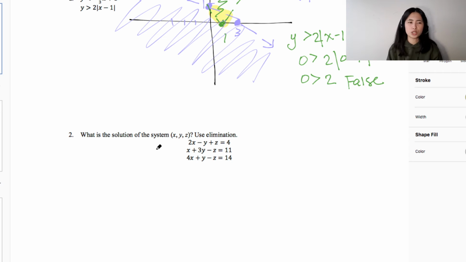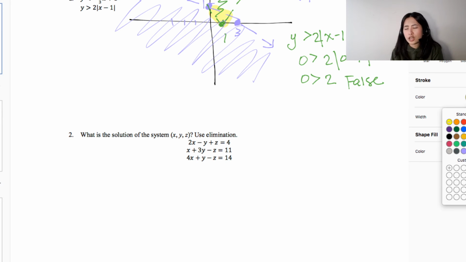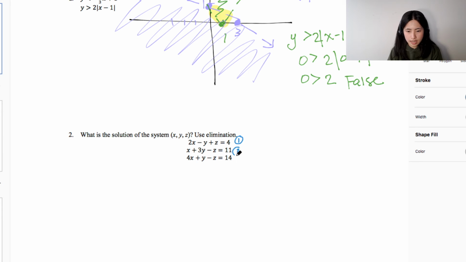What you can do in this case is label your equations 1, 2, and 3, just so it's not confusing. So this is the first equation, this is the second equation, and this is the third equation.